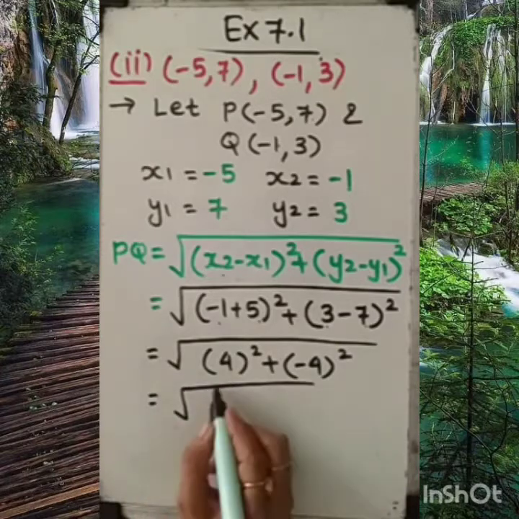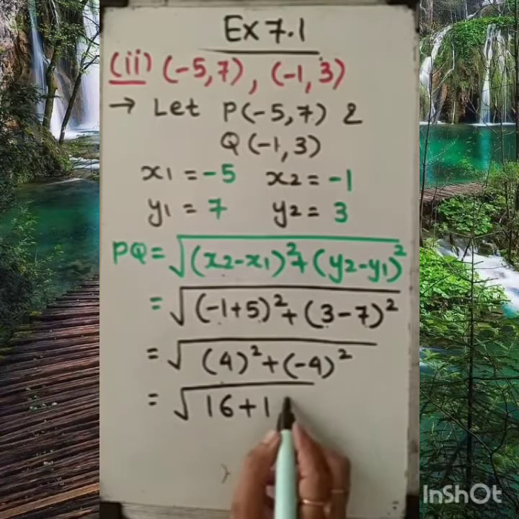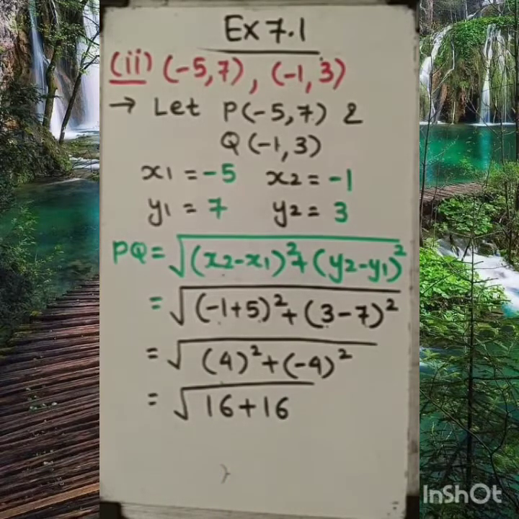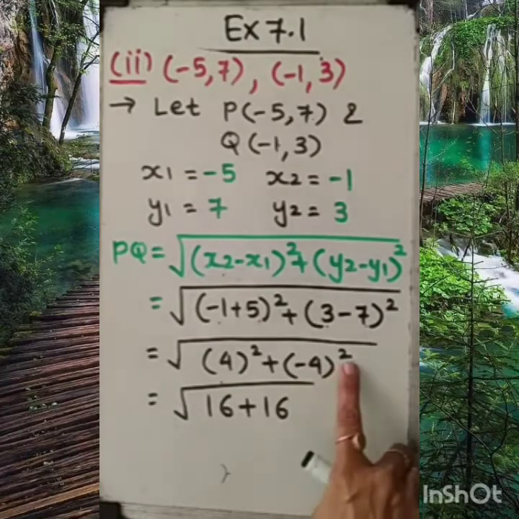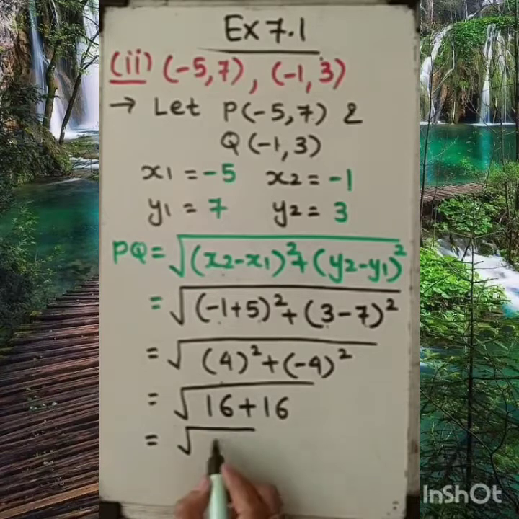So 4 squared is 4 times 4, just 16. Minus 4 squared is also positive. Don't write negative by mistake. Any negative number squared is also positive. You know very well, dear students, 16 plus 16 is 32. And 32, if you take 4 outside, it will be 4 root 2.